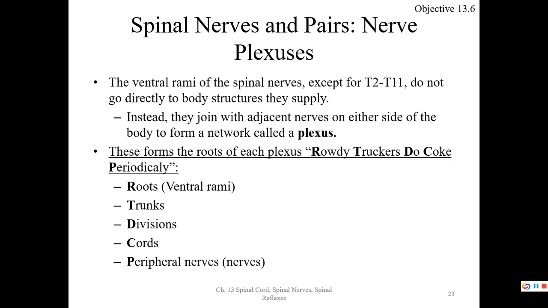All the other ventral rami of the spinal nerves like to join together and branch and join and branch, and they form this complex network called a plexus. The roots are your ventral rami. Roots, then trunks, then divisions, cords, and the peripheral nerves. Rowdy truckers do coke periodically.